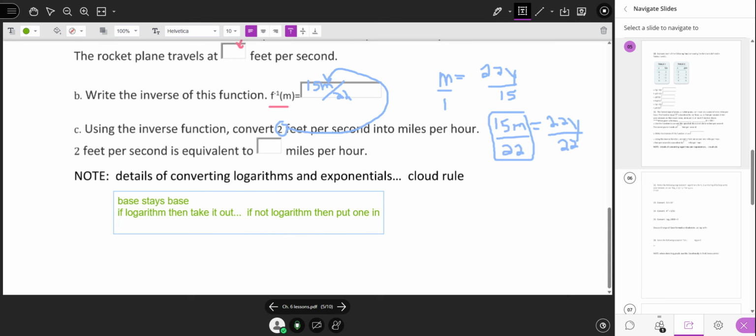The next rule is, if base is a number, use log. If base is e, use ln.